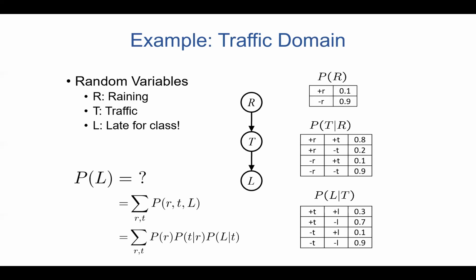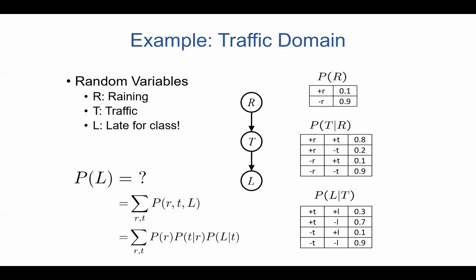So now you will have to do one term for plus R, one term for minus R, another term for plus T, another term for minus T. 4 terms, and you will get the probability of plus L. And then you will have to do the same computation for minus L, or you will do one minus plus L, right? Because if it is binary, then you can get that.